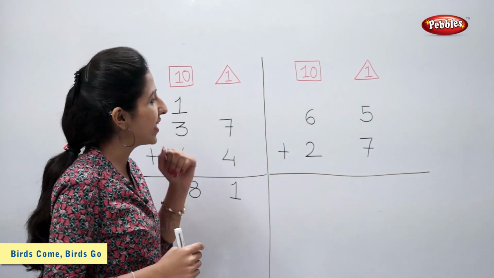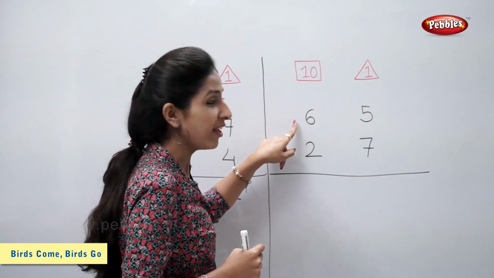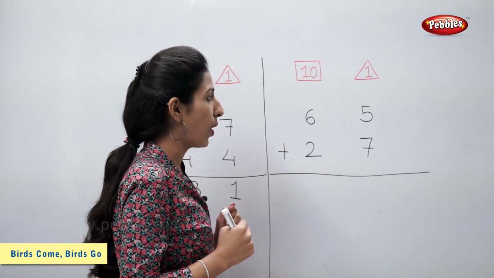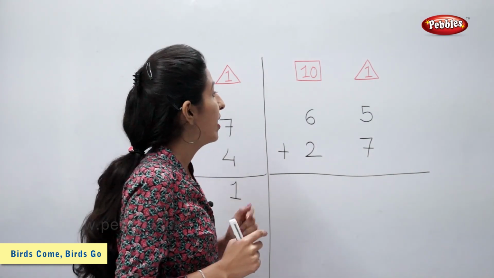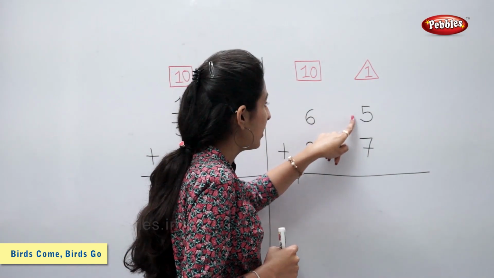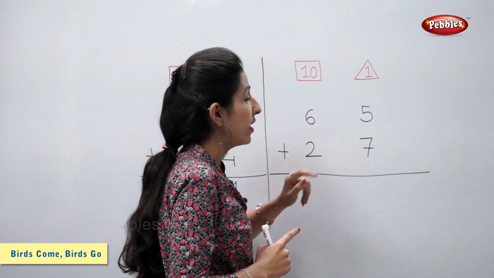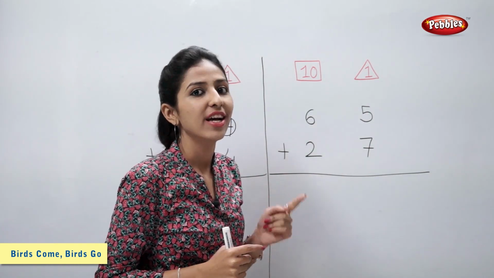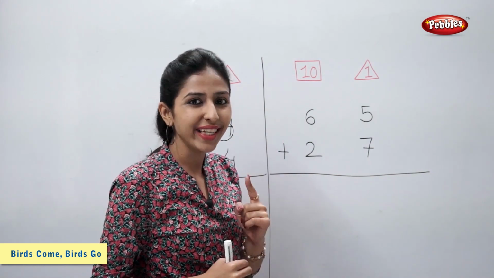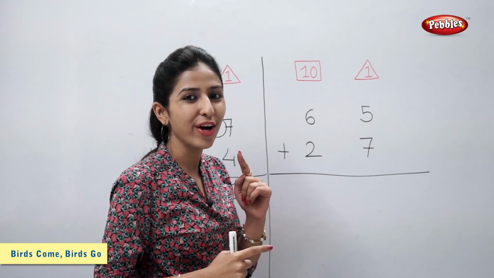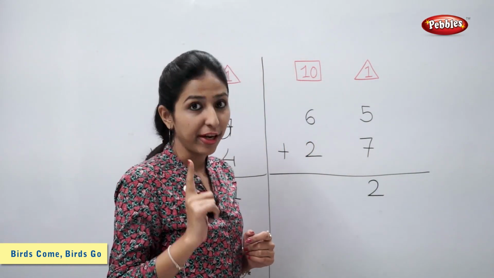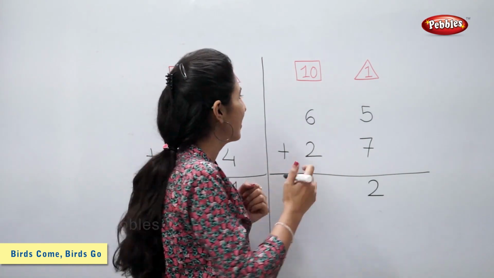Let's solve this example. 65 plus 27 is equal to how much? Let's count. Let's add ones first. 5 plus 7 is equal to 12. Now 12 means 1 tens and 2 ones. So let's write 2 in ones column. And 1 tens carry forward.